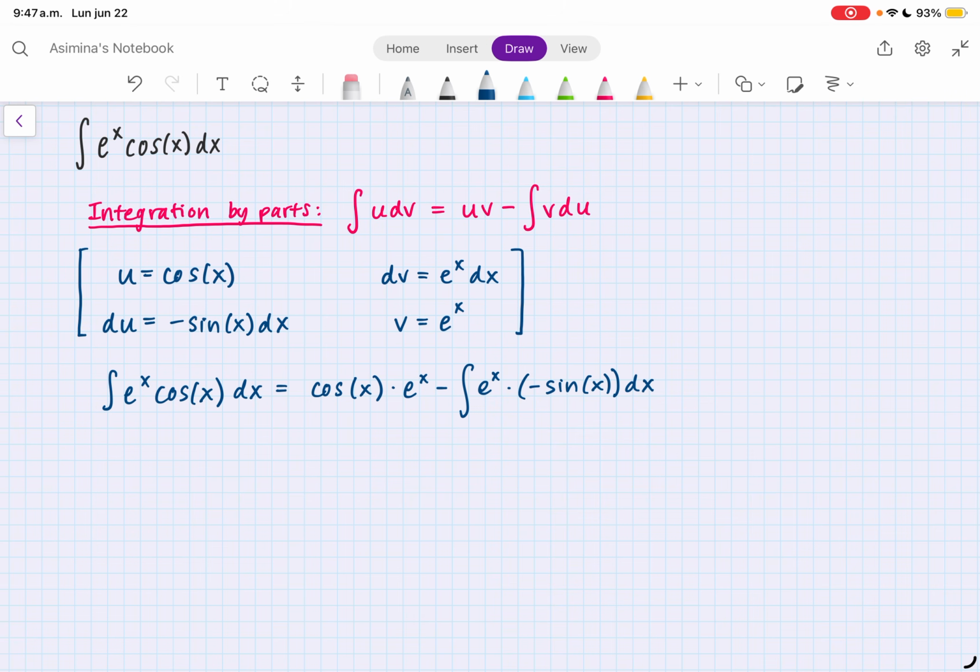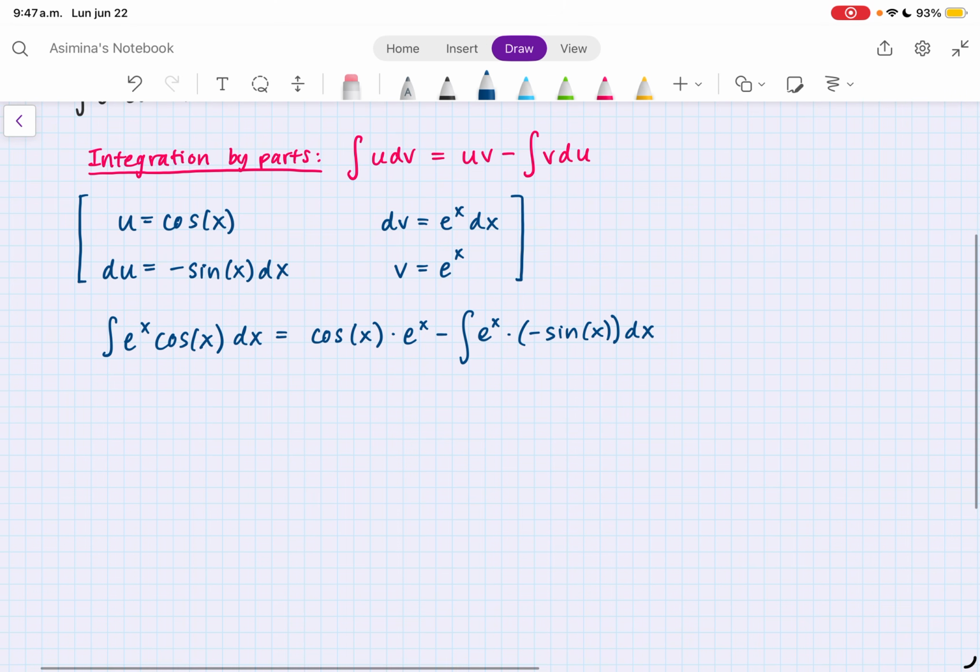Okay, so I'm going to rewrite this just a little bit because I have minus the integral of something times minus something, which is going to be plus that integral. So I'm going to rewrite this as e to the x cosine of x plus the integral of e to the x sine of x dx.